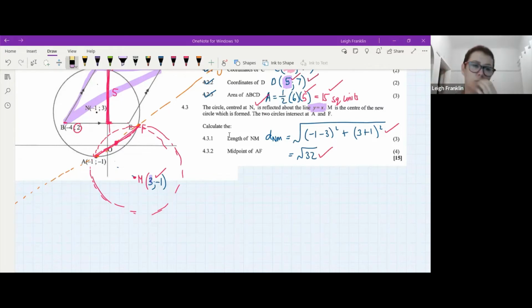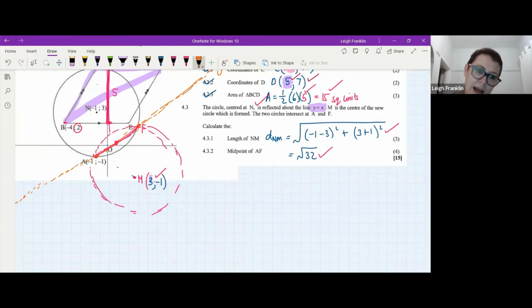So what that means is that the line y equals x must lie here on A through F. Can you see where I drew the orange line? This is the line y equals x. And it lies on that piece of line between point A and point F.